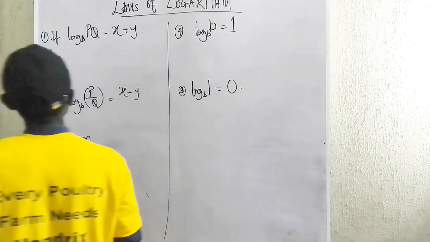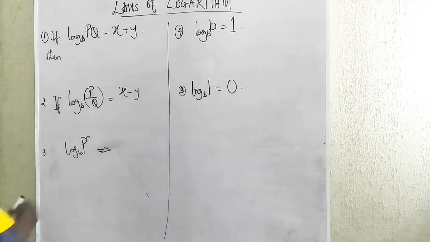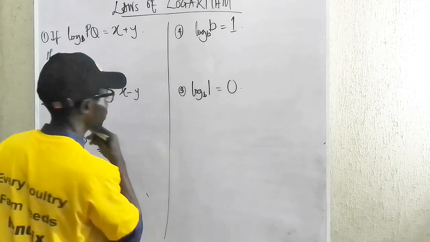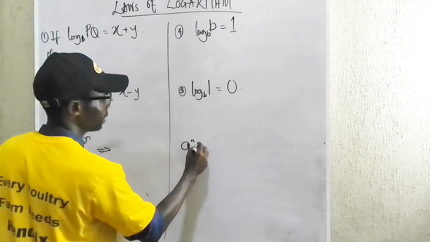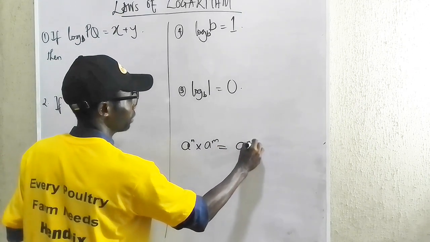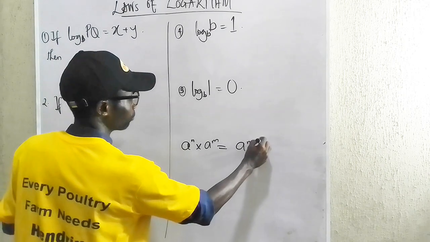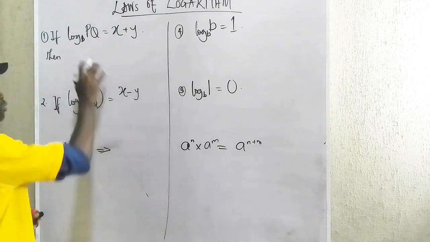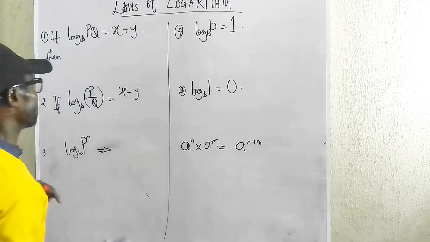Now, just like in indices, you already know that a to the n times a to the m means a to the n plus m. That's what we're going to mean here. If we look at this, we're having this times this.